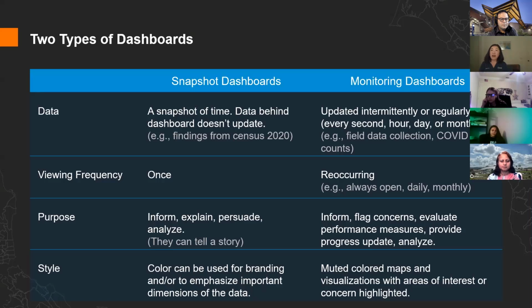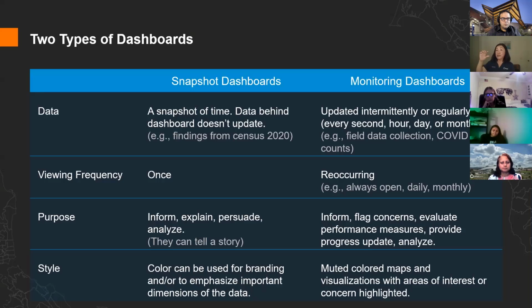The purpose of a monitoring dashboard is to flag concerns. In our air quality dashboard, if all of a sudden there's a spike in PM2.5, we might want to flag that and get our viewers' attention. We can use the monitoring dashboard to evaluate performance and provide progress updates.